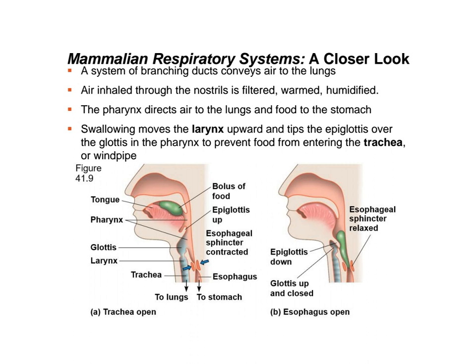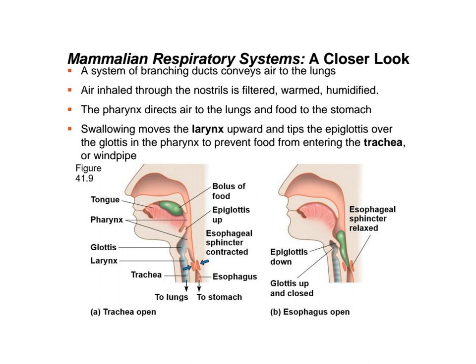Now, if we have a bolus of food, we have to redirect that bolus to the esophagus, and we don't want it to go down the trachea. To achieve this, when you swallow, that action moves the larynx upward. The larynx is the voice box, shown here.